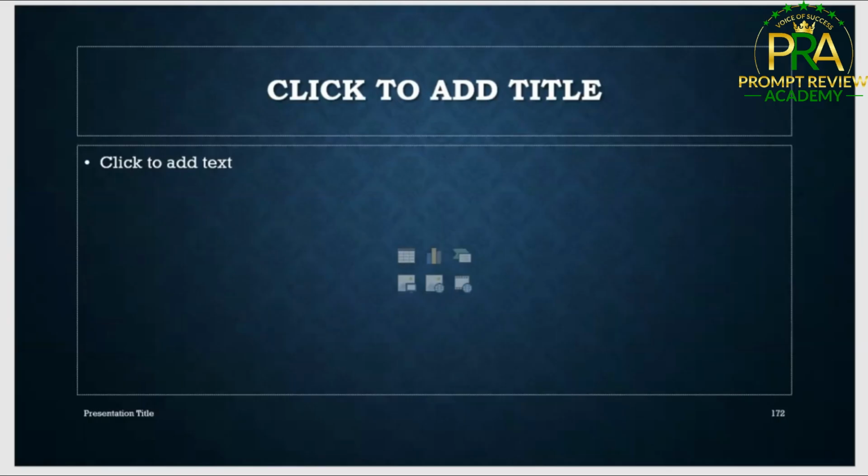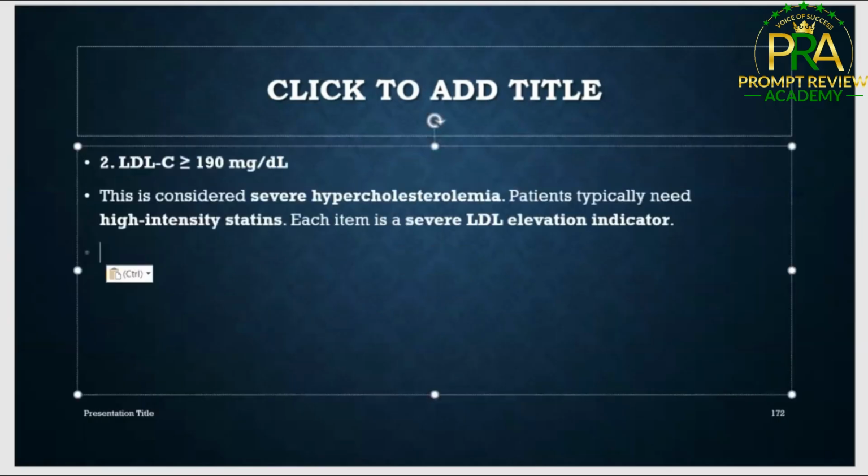That means the LDL is too high. Remember that for the LDL, we don't want it to be more than 100, but it is greater than 190. So for these people, you have to give them high intensity. Again, you are giving them high intensity, and that high intensity is your Rosuvastatin or Atorvastatin.